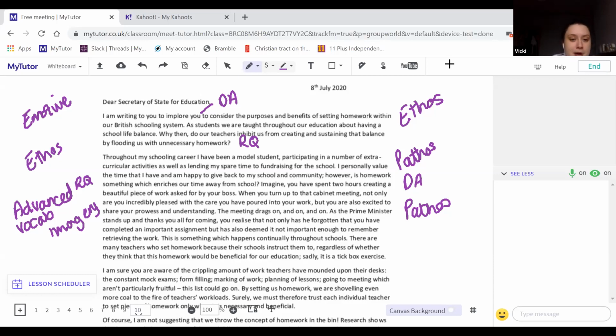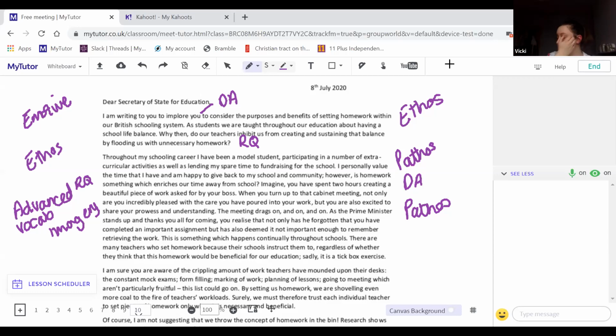Where have we got to? "This is something which happens continually throughout schools." So I've got a short sentence in there, snapping it back to why I'm writing it, making sure he knows why this is relevant to my argument. "There are many teachers who set homework because their schools instruct them to, regardless of whether they think that this homework would be beneficial for our education. Sadly, it is a tick box exercise."